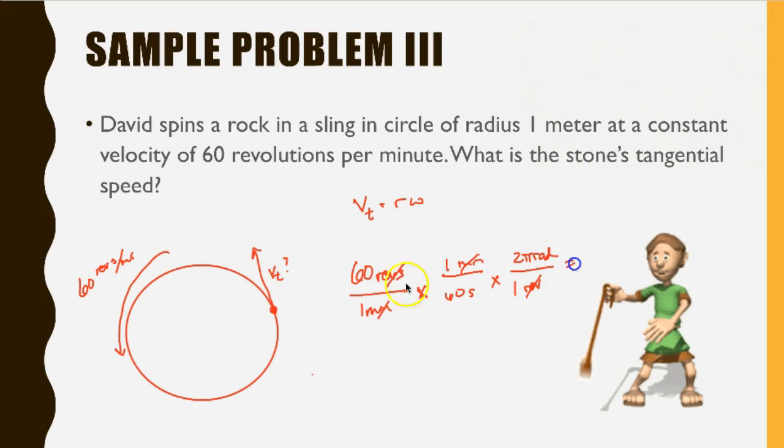When I multiply 60 times 2 pi and divide by 60, I get 2 pi, which is about 6.28 radians per second. So now, Vt equals r, which is 1 meter, times 6.28. So it has a tangential velocity of 6.28 meters per second.